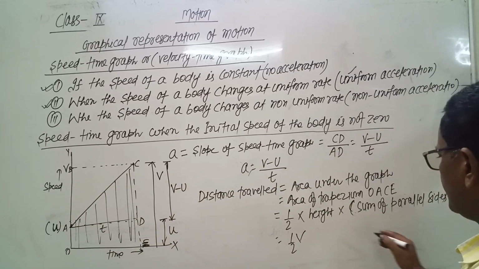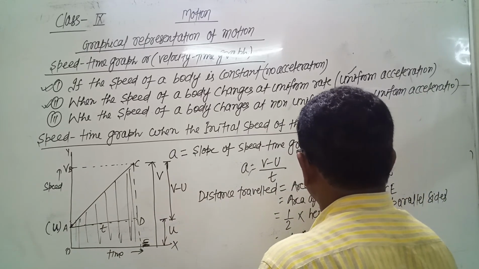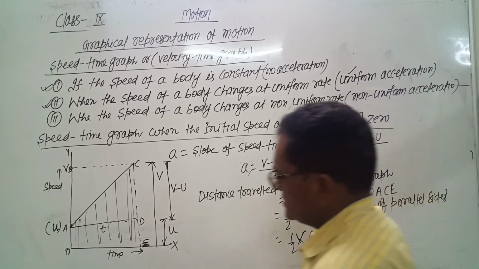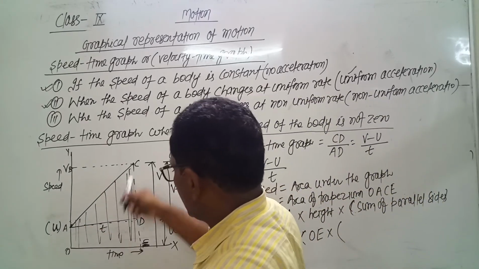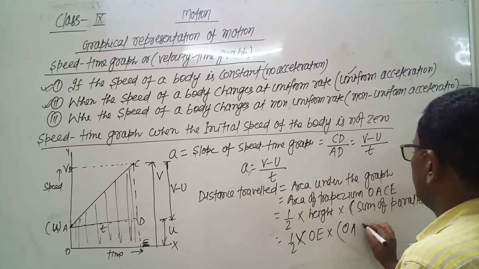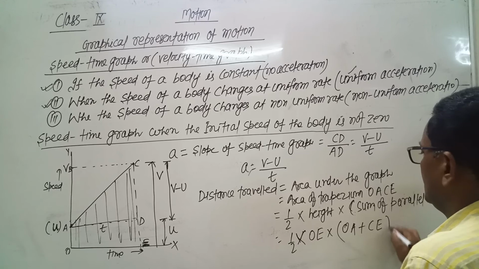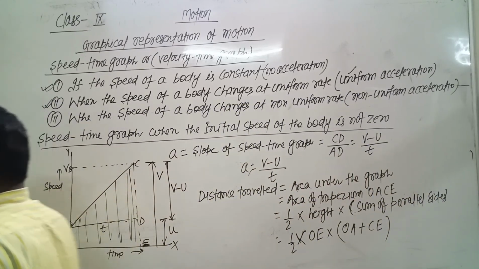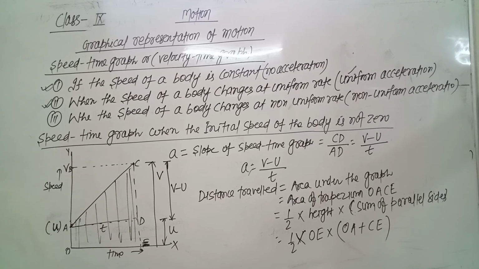So half into OE into sum of parallel sides. OA and CE are the parallel sides, so OA plus CE. By this formula, we will calculate the distance covered by a body in a speed time graph.